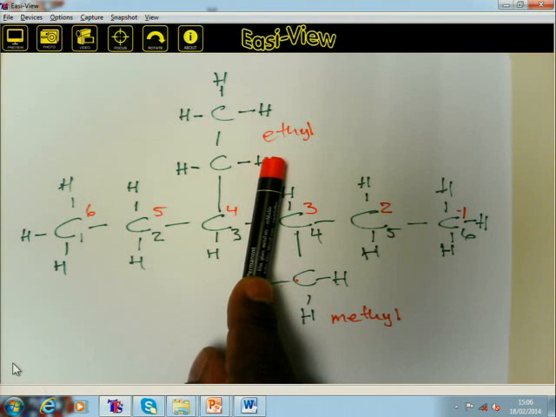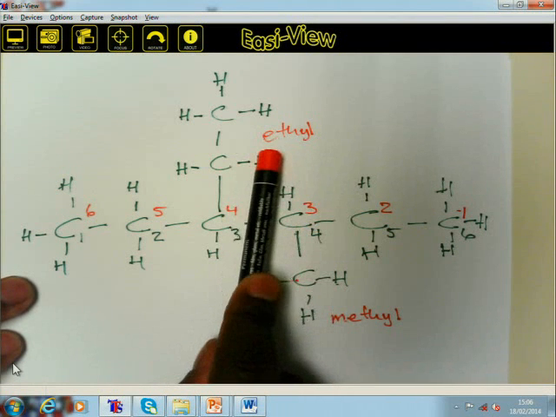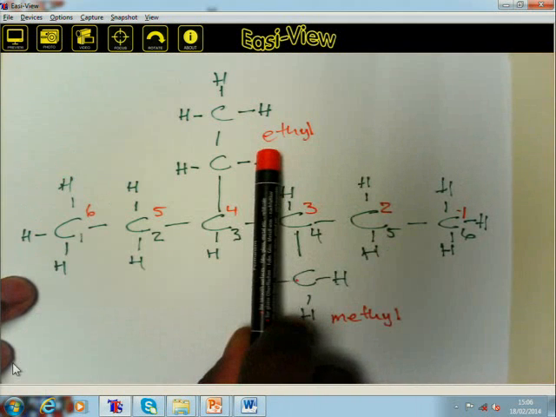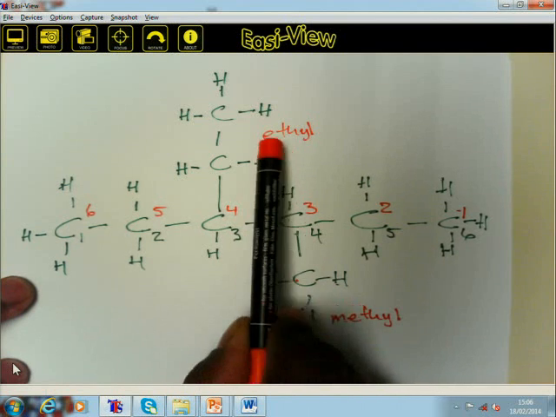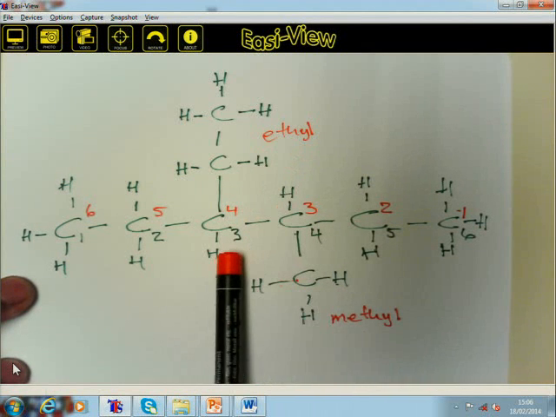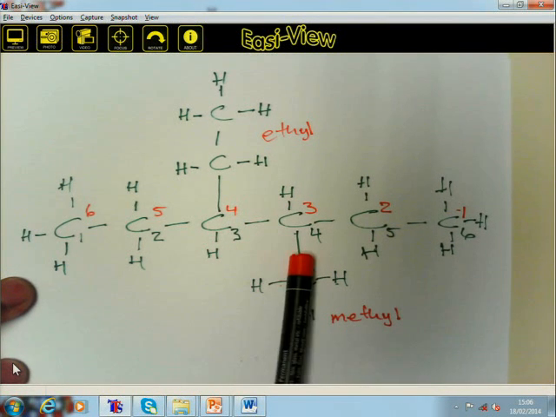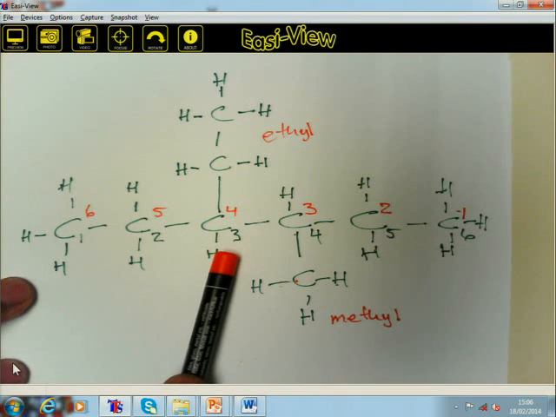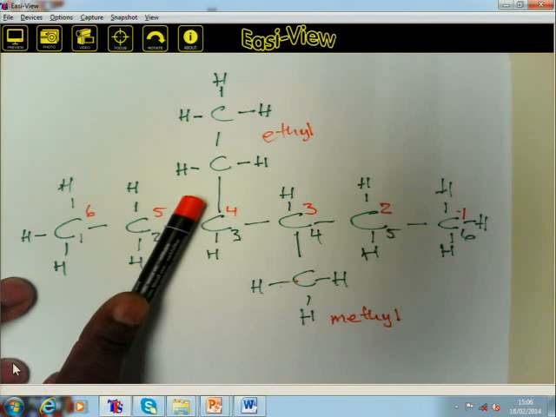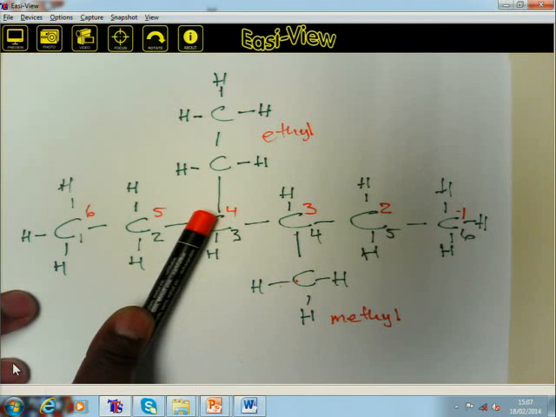That is what we meant with that bullet there. So E comes first in the alphabetical order. It comes before M. Therefore, E must have a lower number. So I'm going to choose the bottom numbering instead of the top numbering, because bottom numbering gives me 3, top numbering gives me 4, and I know that 3 is lower than 4.